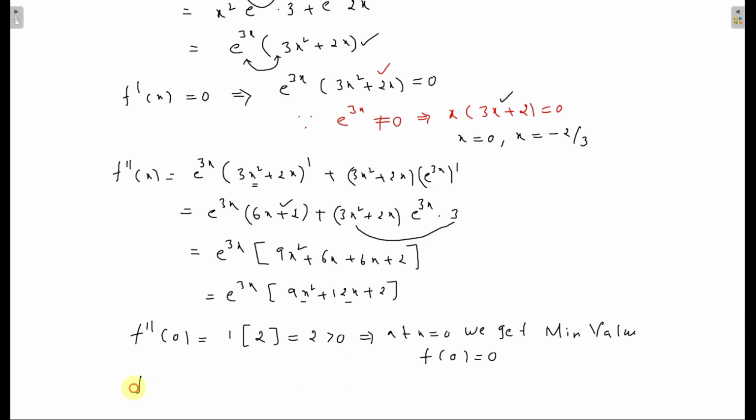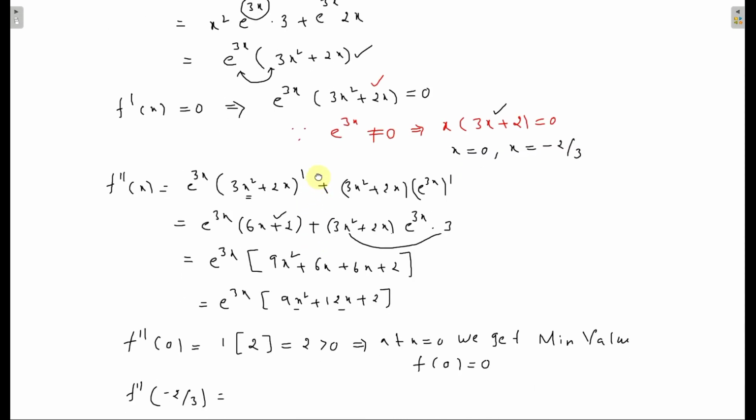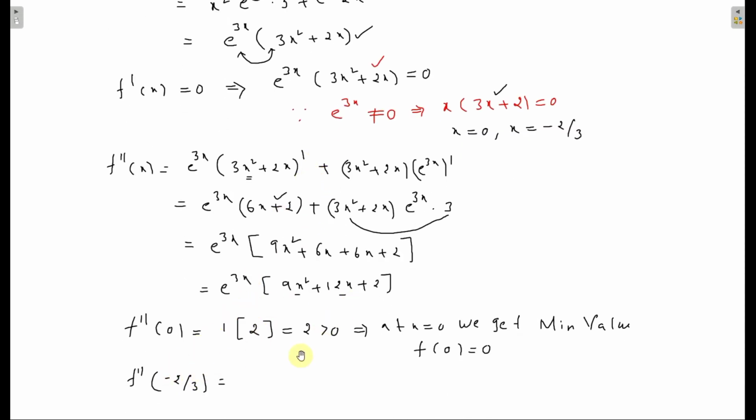Now find f double dash of -2/3. Substitute x = -2/3 in this relation. I will get e to the power of -2/3 times 3, the 3 gets cancelled, so e^(-2). Then 9 into (-2/3) whole square, that is 4/9, plus 12 into -2/3, plus 2.